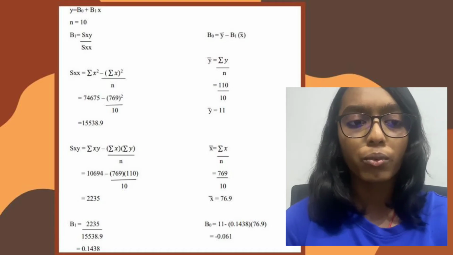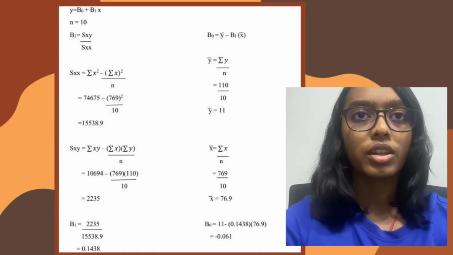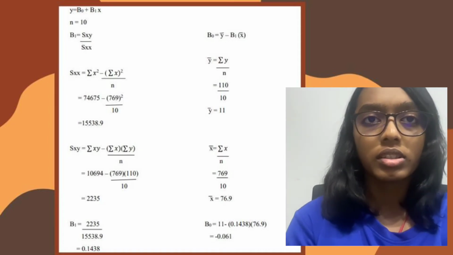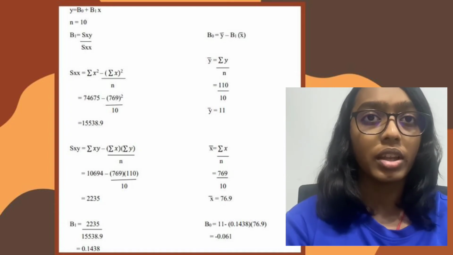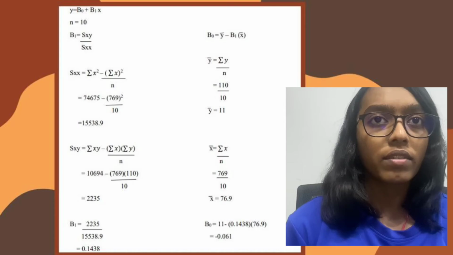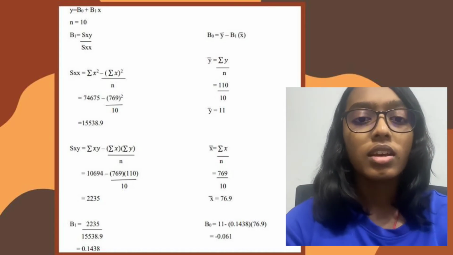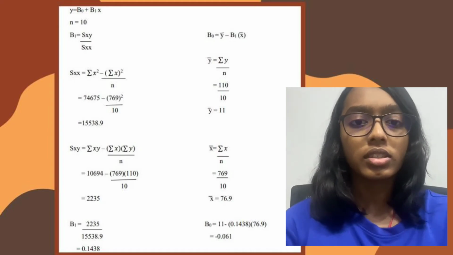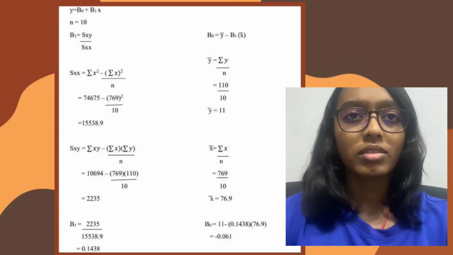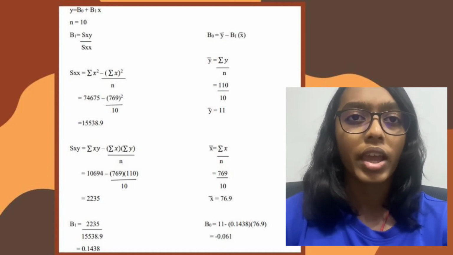The sum of y is 110, as can be seen according to the table. 110 divided by 10 is y bar equals 11. Next, we need to find the value of x bar, which is the sum of x divided by n.